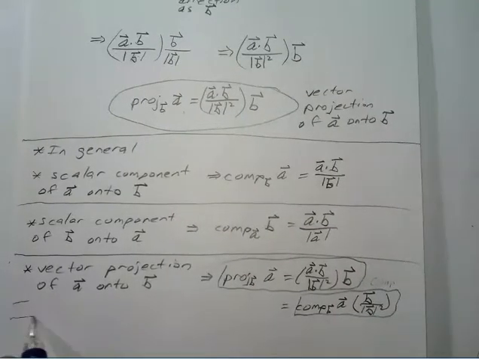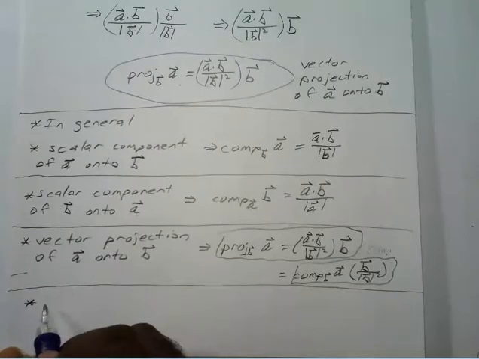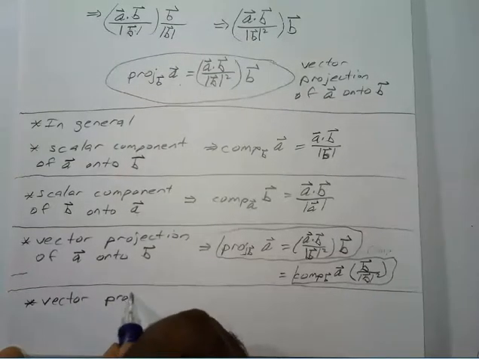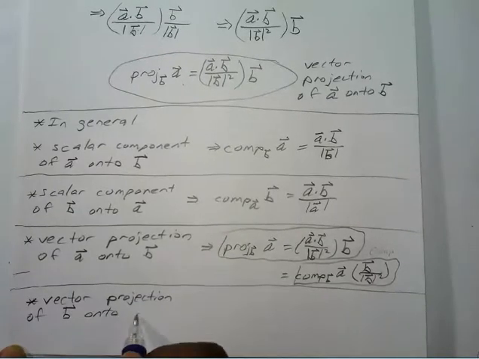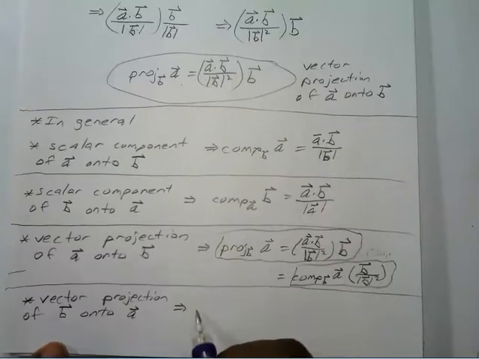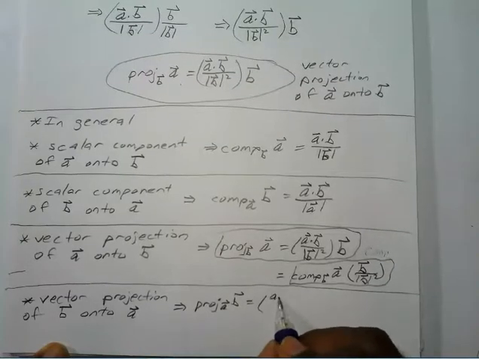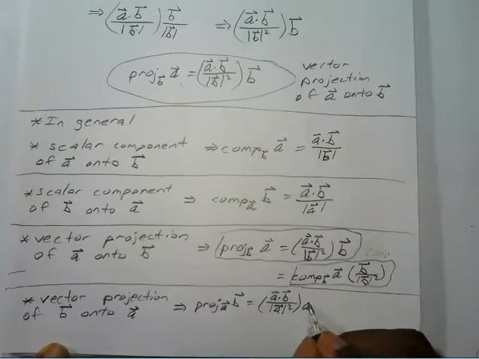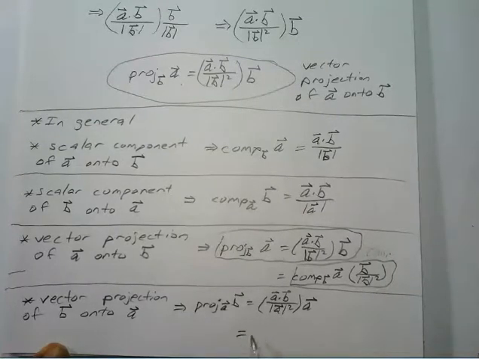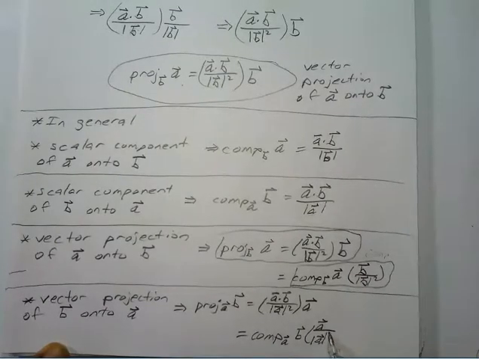All right, and one more. We have the vector projection of B onto A. That is the dot product of the A and B vector over the magnitude of the A vector squared times the A vector, or it can also equal the scalar component of B onto A times our A vector divided by the length or magnitude of the A vector.